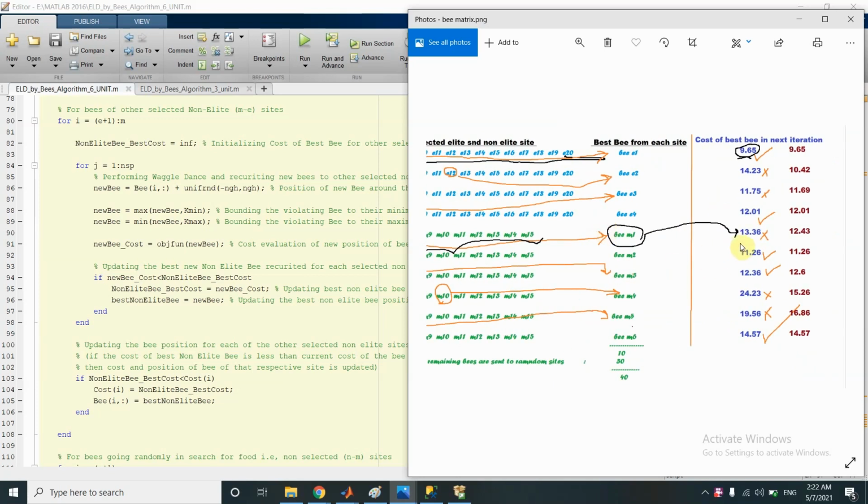If not, then we will not update. Say for example, for this M1B, the best B is found to have the cost which is not better than the previous cost of the corresponding B from the previous iteration. So we will not update. But for the second and third Bs, it is found to have a better cost, so we will update.